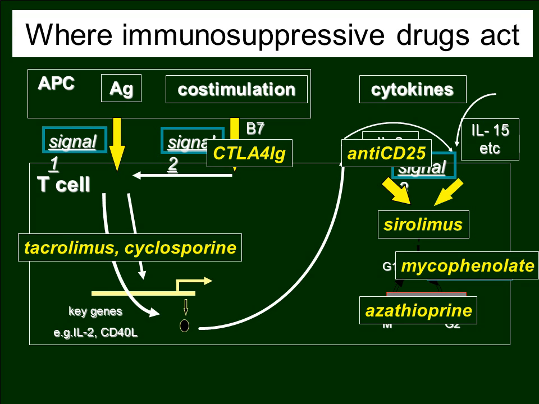So when we develop and use the drugs, we can use a CTLA-4 antibody over here, or we can use these two drugs to block the transcription process, or we can use anti-CD25 over here to block the cytokine, and then there are many other drugs. You can see the more familiar we are with the intracellular pathways, the easier it is for us to remember where and how the drugs are acting.